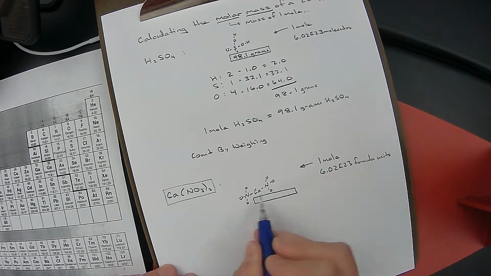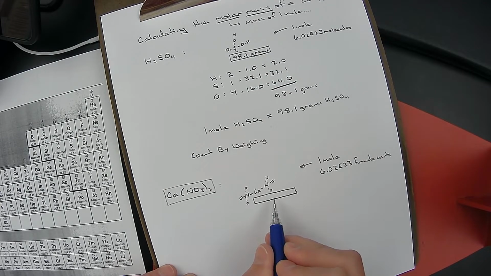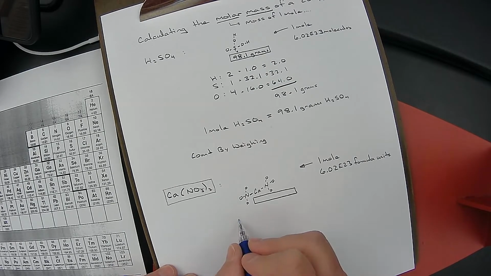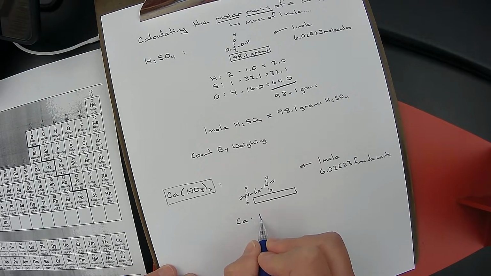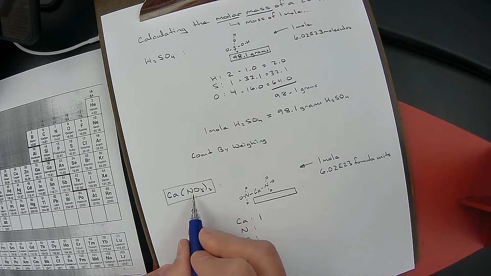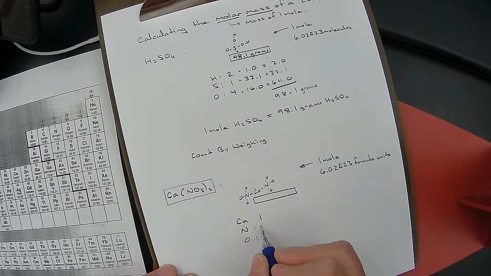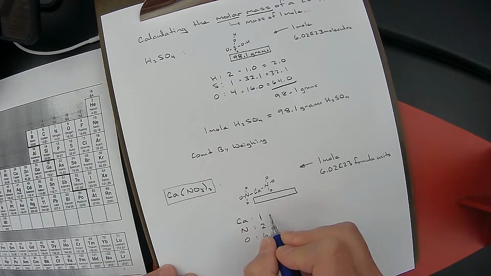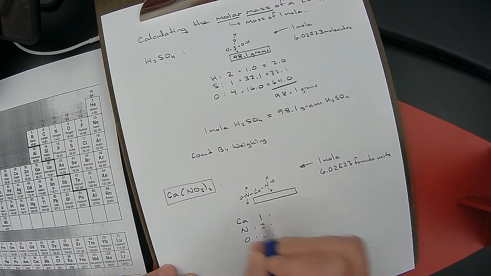We're going to put that many formula units on this balance, and I want to know what the balance is going to read. So I'm going to list out each element: Ca, N, and O. Now the N, there's 2 of them because that 2 gets distributed, and there's 6 O's because that 2 gets distributed to the 3, which gives it 6.